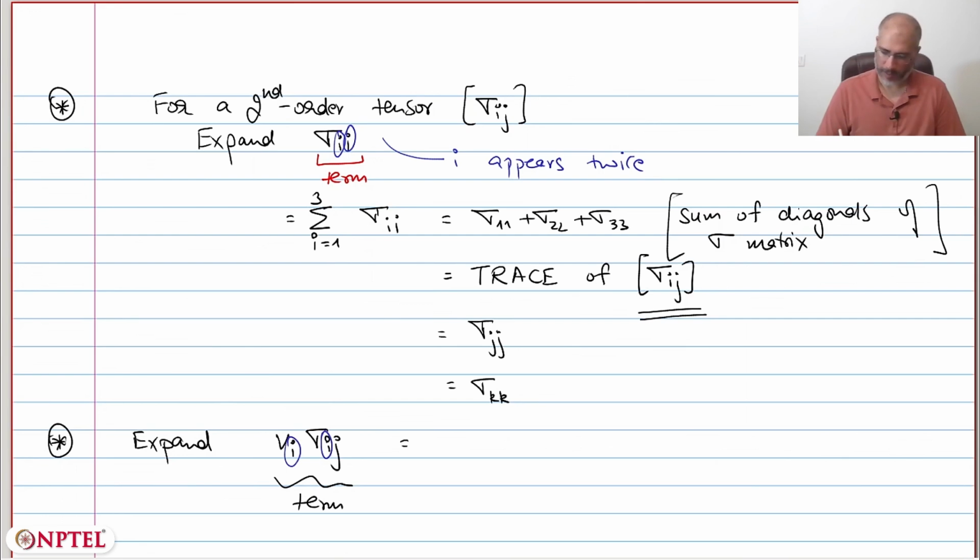So this means that summation is implied over it, and when I expand the expression, I get v1 sigma 1j plus v2 sigma 2j plus v3 sigma 3j.